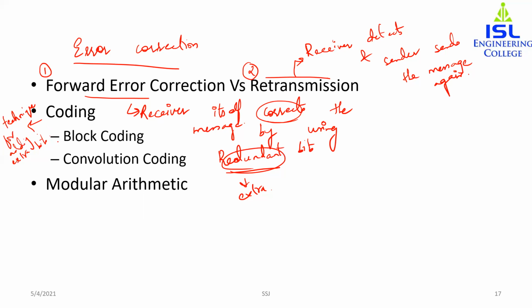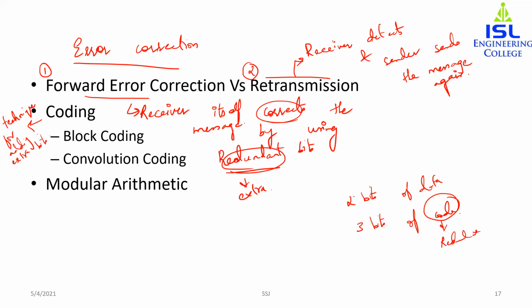The ratio of redundant bits to the data bits is very important. Whenever we are talking about redundant bits and data bits, suppose we have 2 bits of data and 3 bits of code word, or 3 bits of extra bits. Whenever I talk about code, that is also basically the redundant bits. I am using different terms for redundant bits.